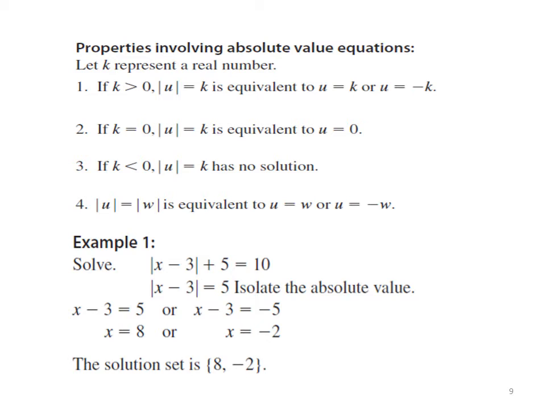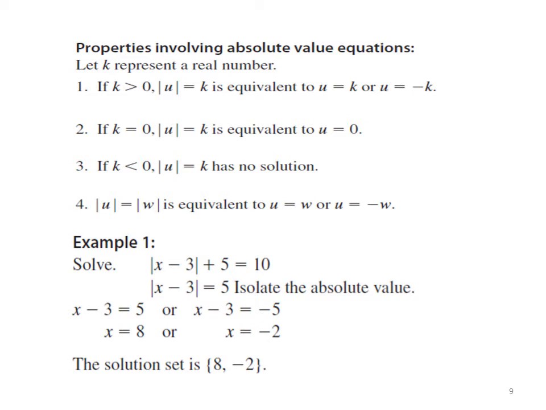The first property: if k is greater than 0, then the equation, the absolute value of u equal k, is equivalent to either u is equal to k or u is equal to minus k. For example, if the absolute value of u is equal to 5, then either u is equal to 5 or u is equal to minus 5. You have two solutions for such equations.